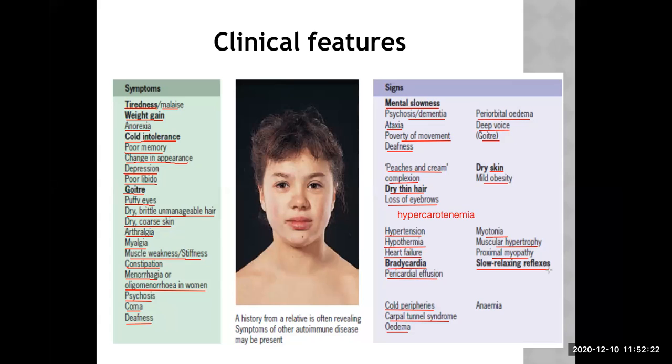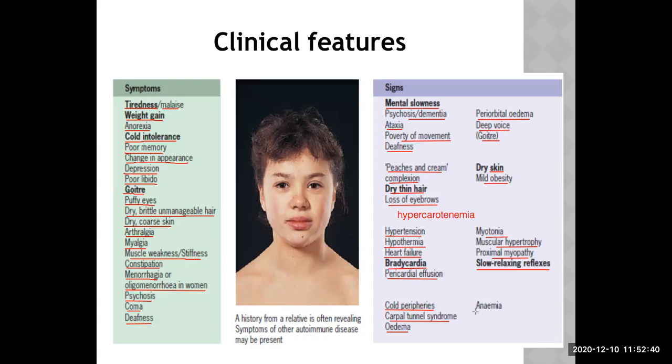So what will happen when I hit the Achilles tendon with the knee hammer? There will be contraction of the calf muscle, but the relaxation takes a long time, and this is a very typical feature of hypothyroidism.